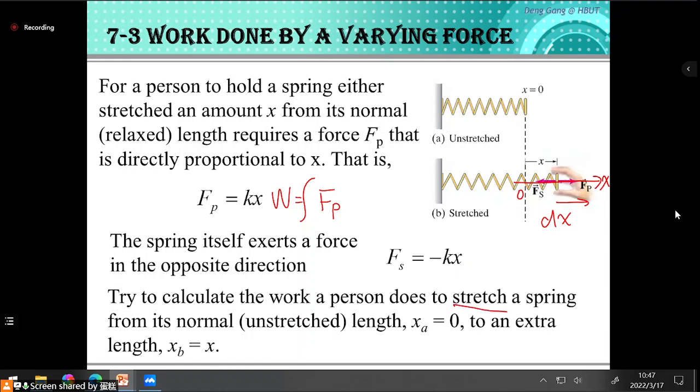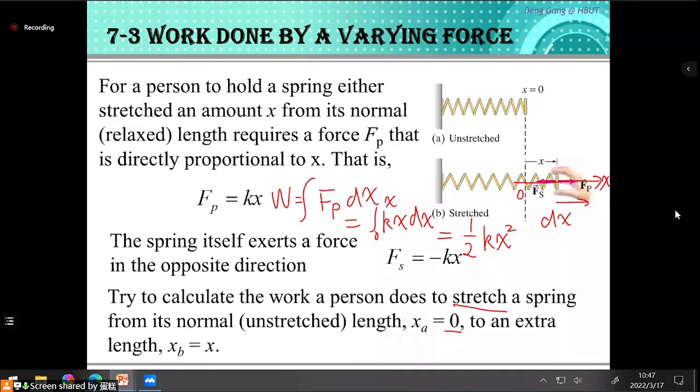So x increases. So it should be equal to the integration of kx dx, let's say from 0 to x. And this gives us the result half kx squared. That's the work done by this person when he stretches a spring from 0 to x.